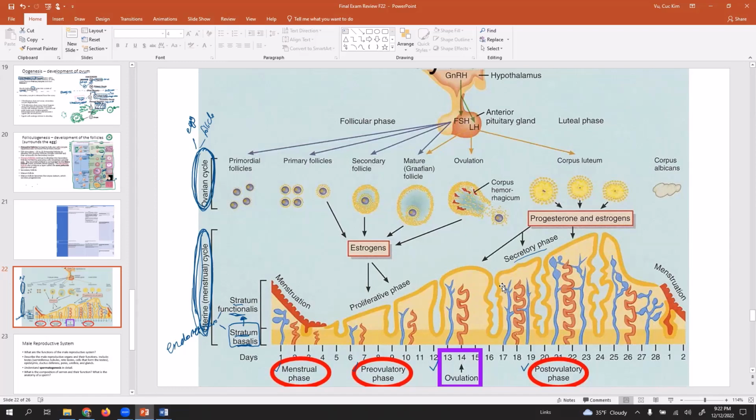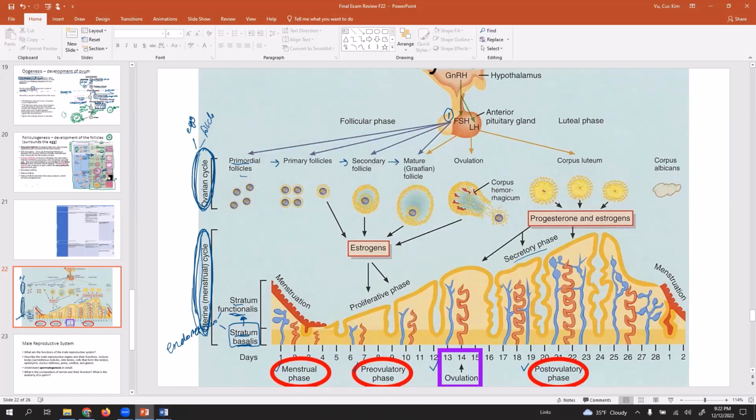Yes. Okay, so we start off with what hormone? FSH. Yes, ma'am. FSH is going to start the development of the primordial follicle to become the primary follicle, to the secondary follicle, and then finally to the mature follicle.